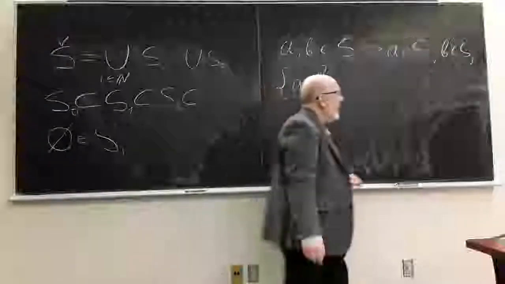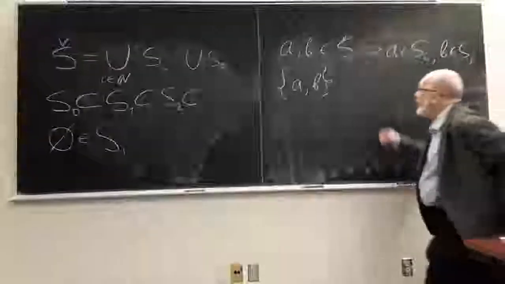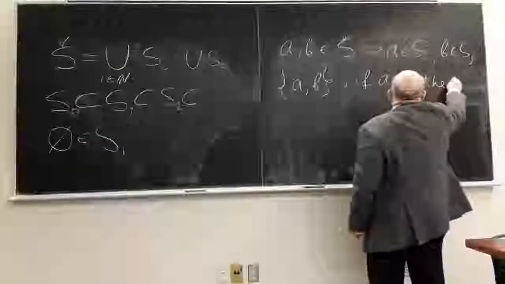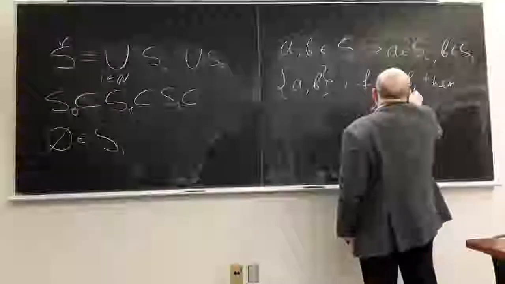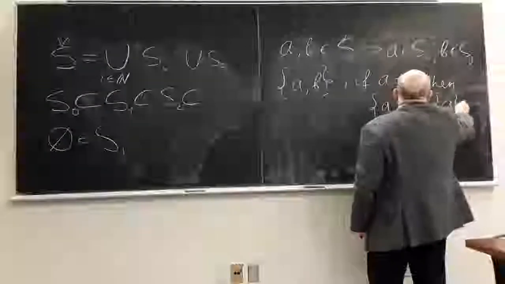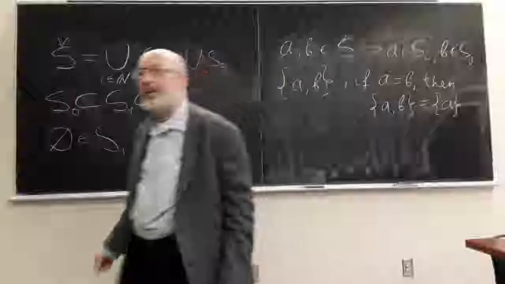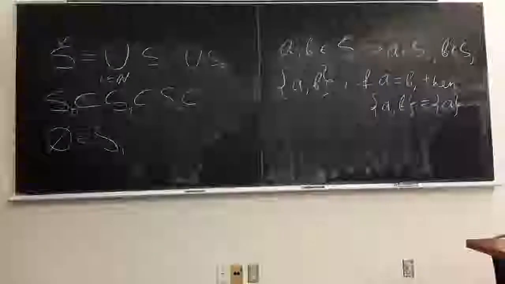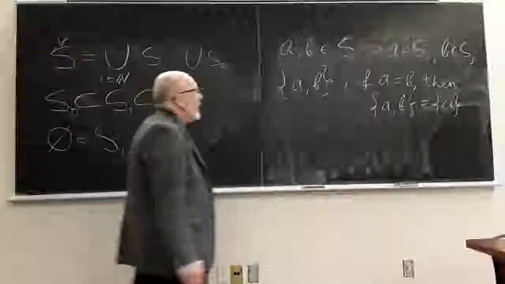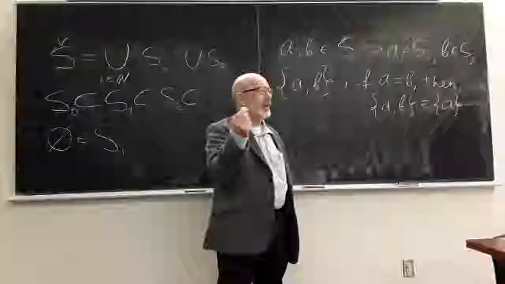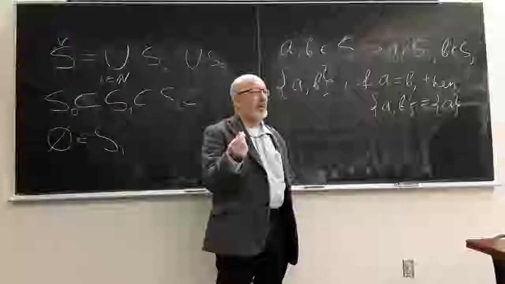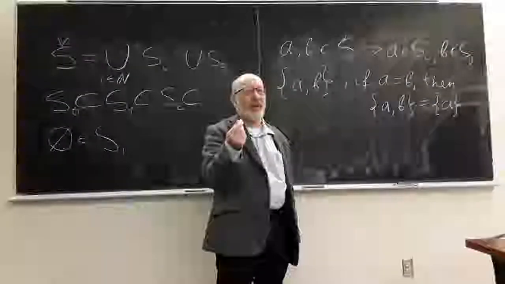Now, in particular, if A equals B, then {A, B} is a set which contains only one element A. I would say that it should be either proved or taken as axiom that for any given object, like an individual or set, there exists a set which contains this object as one single element.